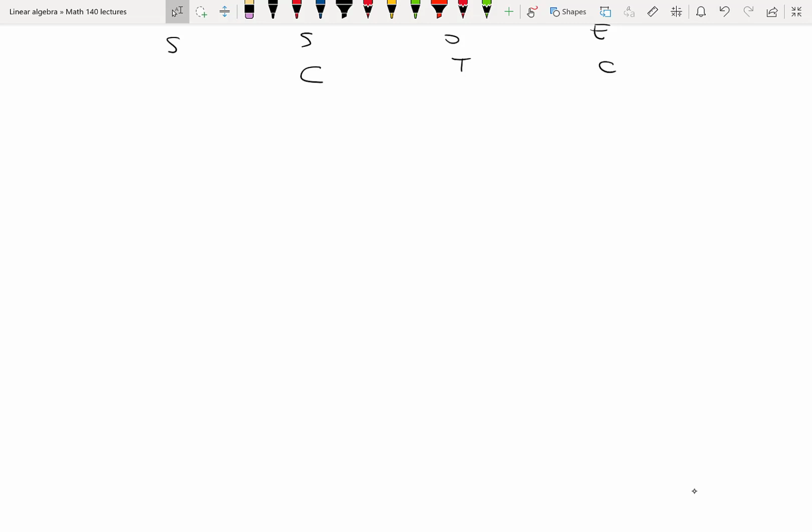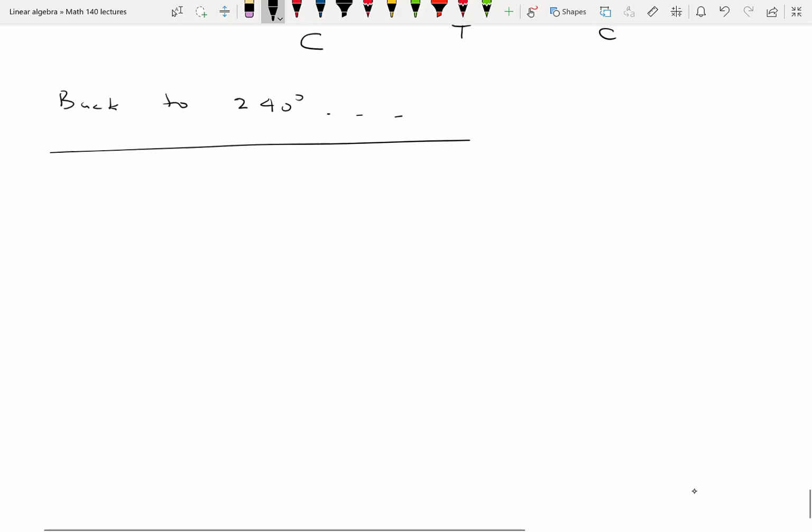Back to 240 degrees. We were looking for the sine, cosine, and tangent of 240.